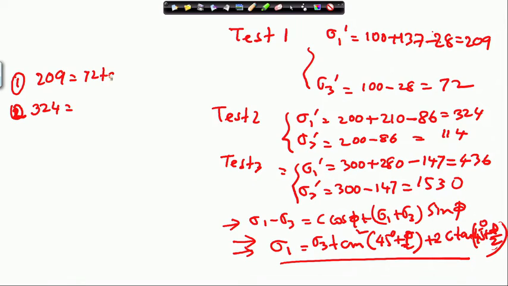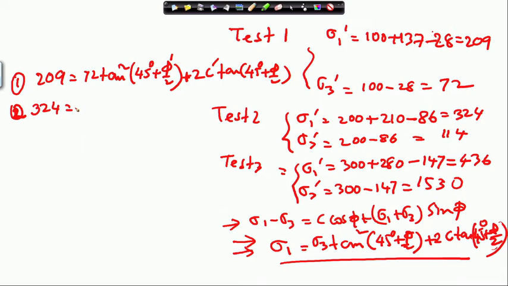72 tan square 45 degrees plus phi dash by 2 plus 2 c dash tan 45 degrees plus phi dash by 2.